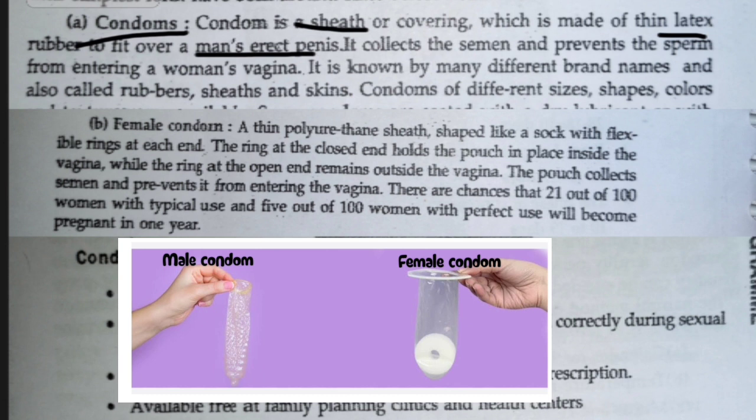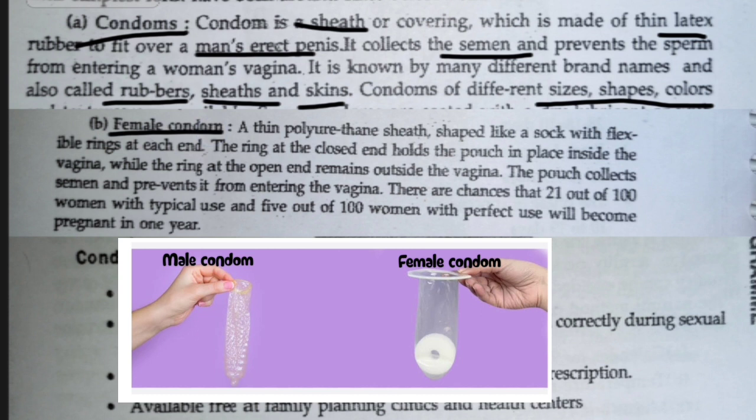The main function of the condom is to collect the semen and prevent the sperm from getting inside the vaginal area. Other names for condoms are rubbers, sheaths, skins. They are available in different sizes, shapes, colors, flavors and so on.